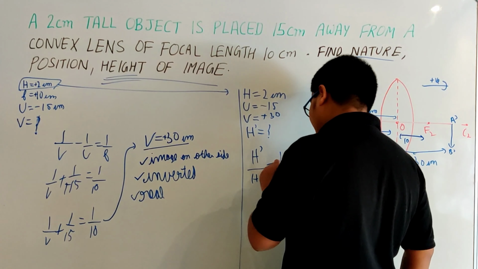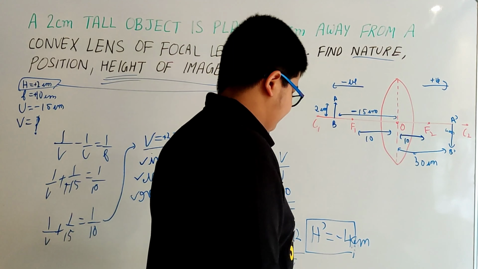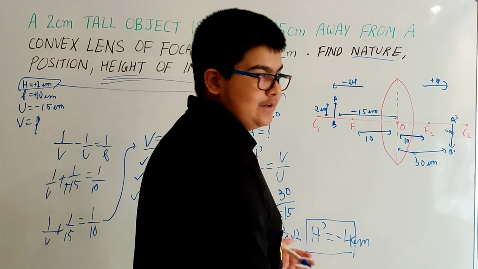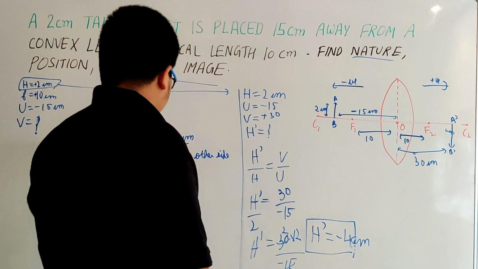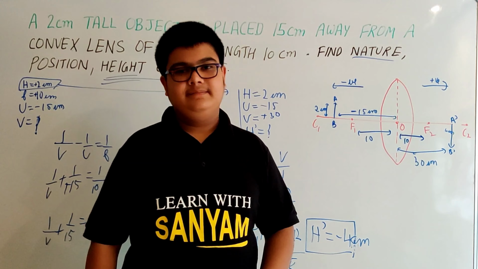So basically this means that the image is formed below the principal axis, and the height of the image will be 4 centimeter. So from here we are able to get all the things, that is the position, the nature and the height of the image. With this we come to the end of this numerical.